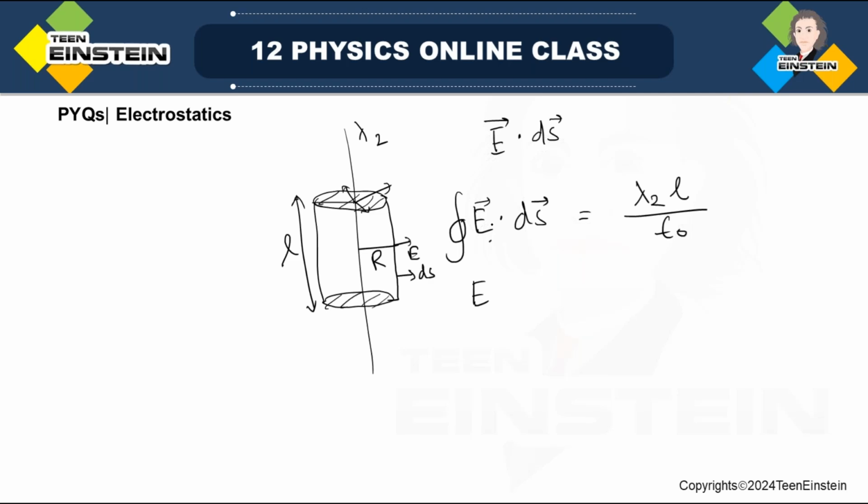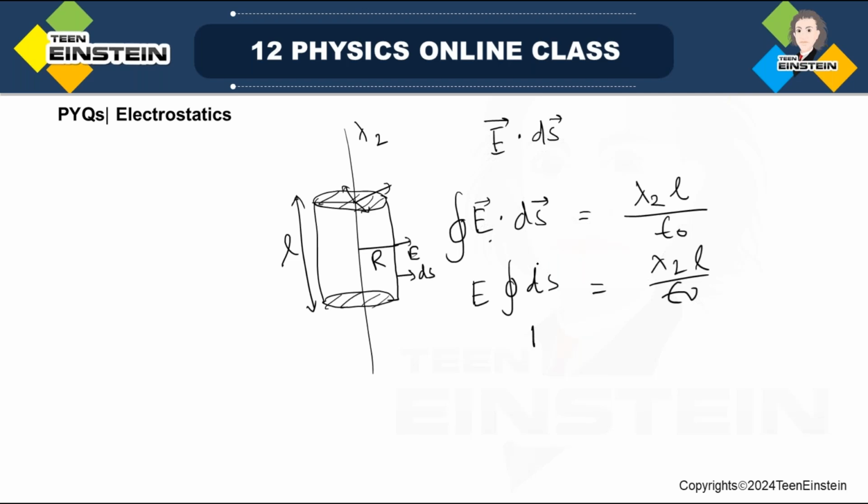If two vectors have the same direction, a dot b will be ab cos 0, so cos 0 degree. If both are in the same direction, I can get rid of the vector sign. So ds, and lambda 2 into L divided by epsilon naught.